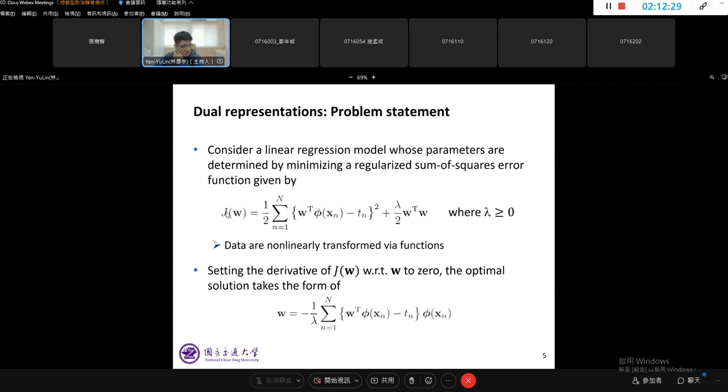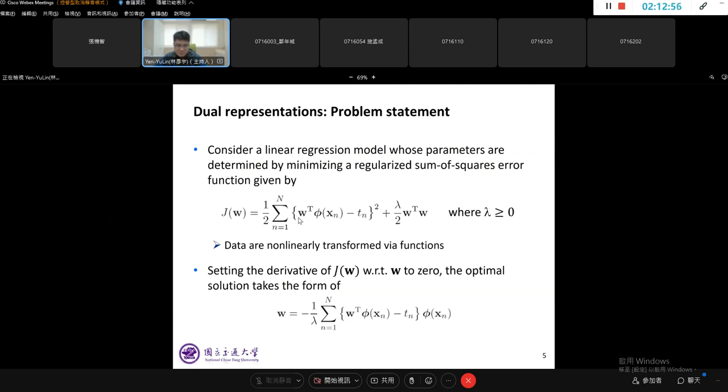The objective function is denoted by J of W. It means that the objective function is controlled depending on the value of the learnable parameters W. The first term is the sum of square error. We consider the square difference between ground truth and the regression result.